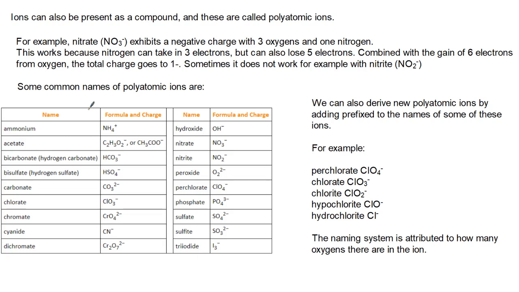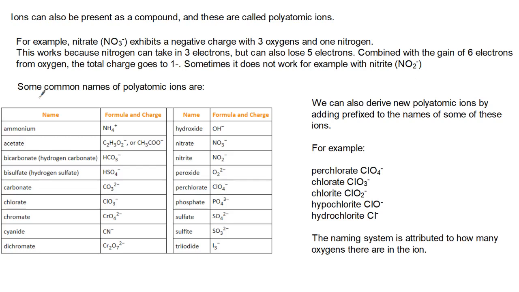Those are all polyatomic ions, and by losing and gaining ions, they form acids. So nitrate exhibits a negative charge with only 3 oxygen and 1 nitrogen. You can read this explanation, and it works for this, but it doesn't actually work for some of the other ones. It doesn't work with nitrite, for example, and it still forms.